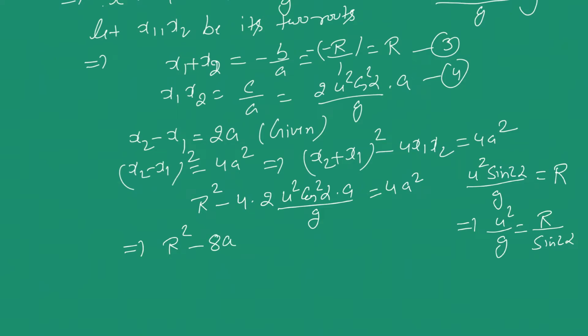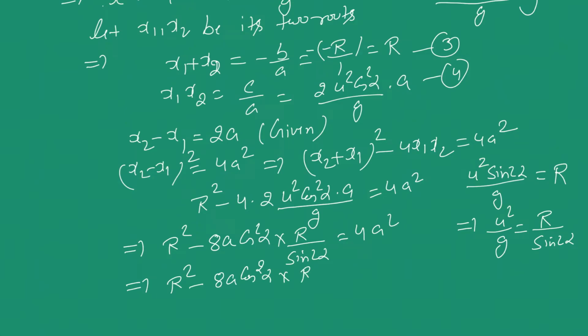So I am going to use this value: r square minus 8a cos square alpha, and u square by g will be substituted as r by sin 2 alpha, is equal to 4a square. This implies that r square minus 8a cos square alpha times r by sin 2 alpha, where sin 2 alpha is 2 sin alpha cos alpha, is equal to 4a square.